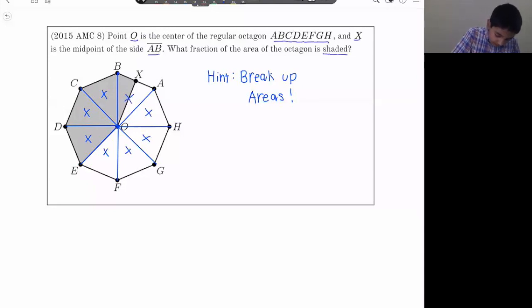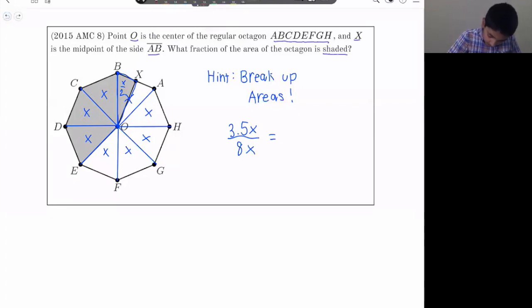And you can see that BXO, this half triangle part here, has an area of x/2 because its base is half of the total triangle. So therefore, the area of the shaded region is going to be 3.5x, since there are 3.5 parts of x, divided by the total 8x, since there are 8 total triangles.